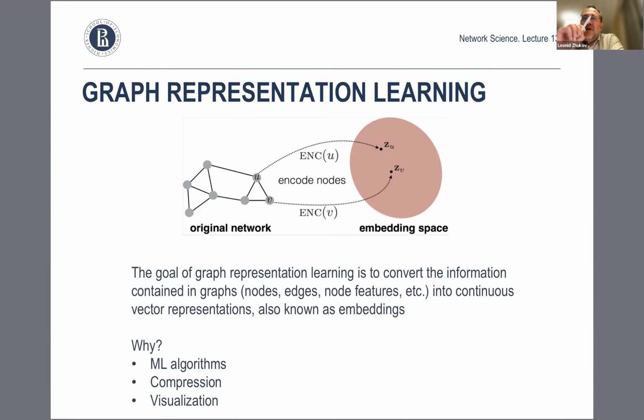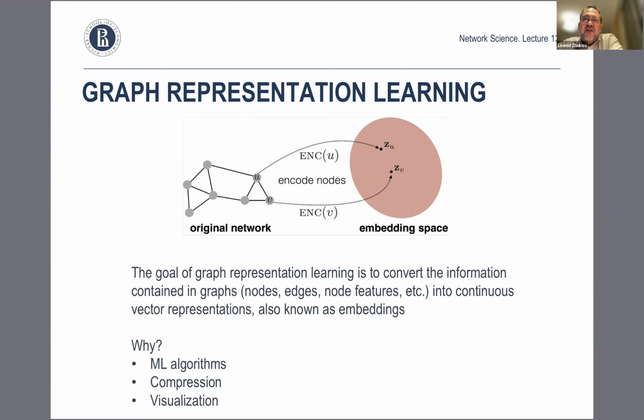So in some sense, we want to find a projection from each node of the graph into some high dimensional space where every node will become a point or a vector in that high dimensional space. And we want to find such a projection that will make most sense for us. And we're going to define what we need to do for that.